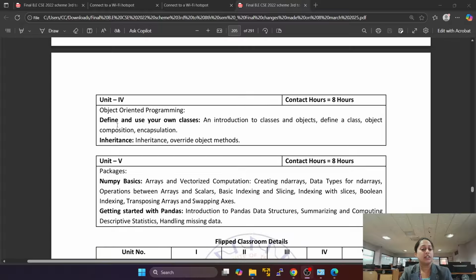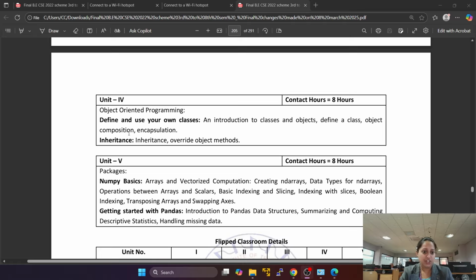In the first chapter of Unit 4, we are going to discuss classes, objects, how to create objects, what a class is, the difference between class and object, and the properties of object-oriented programming, like encapsulation, abstraction, polymorphism, all those things.